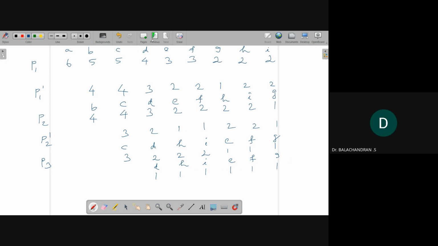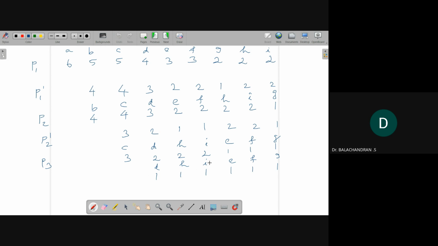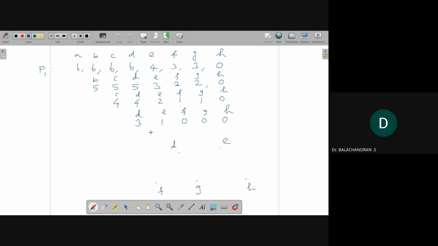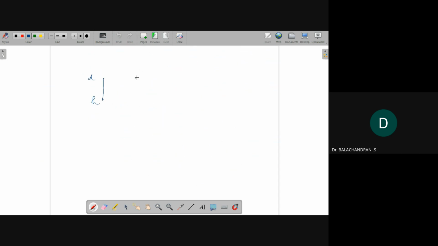You can see how we can draw it: D, H, and just join them. Then I, E, just join them, degree 1, 1.